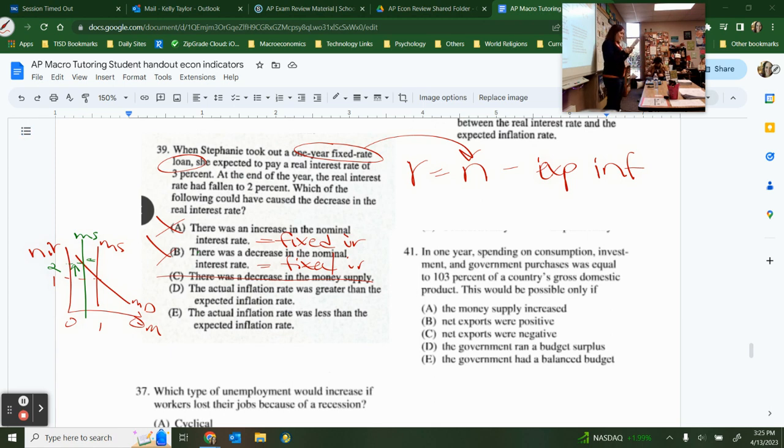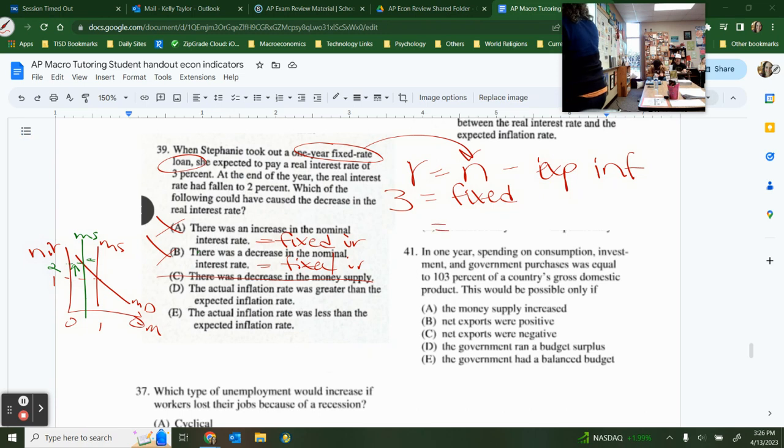Okay, we're back. All right, so throw numbers in. You don't have to, but you can. It says that this is fixed. She expected the real to be 3. Oh my gosh, it was 2. And this is fixed. What happened to this number if our answer was smaller than what we thought it was going to be?